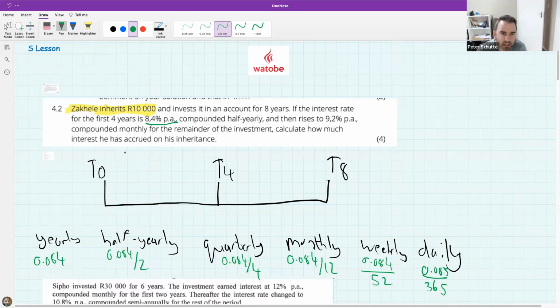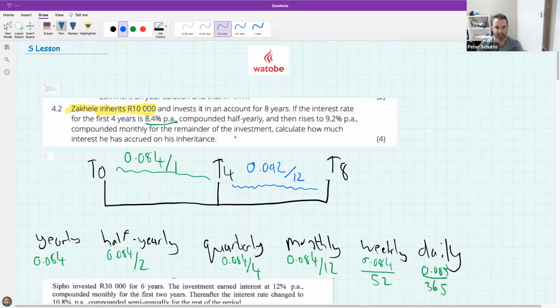So if we look for the first 4 years, we should have 0.084 per annum. And sometimes I divide by 1 just to remind myself. And then here, what you have is 0.092, but this is compounded monthly. And so I'm going to divide by 12.